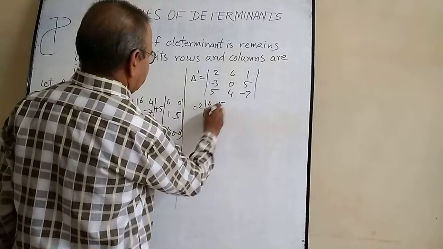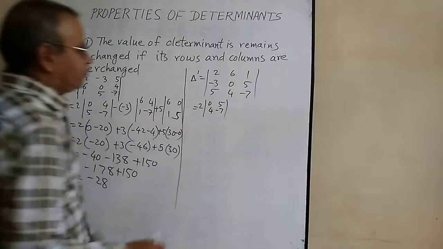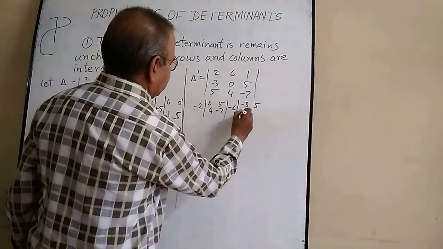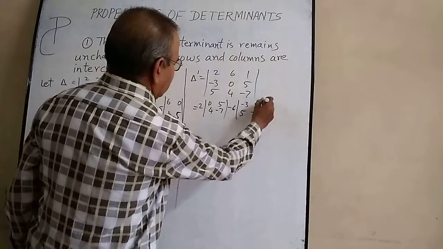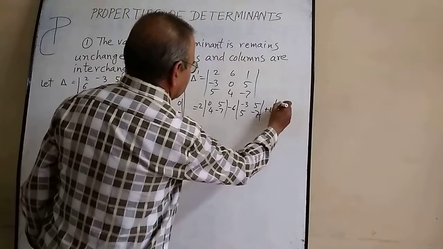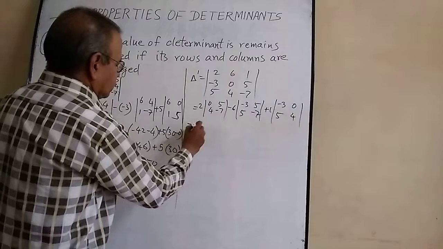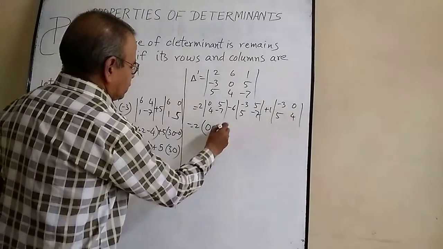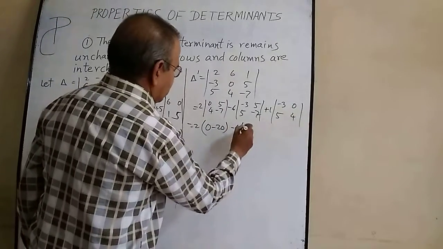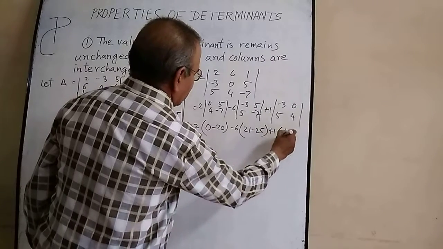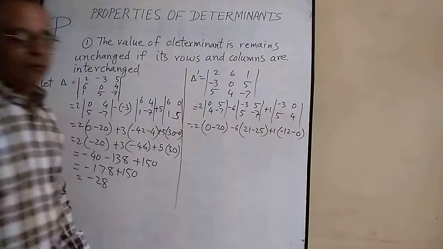0, 5, 4, minus 7, then minus 6, that is minus 3, 5, 5, minus 7, plus 1, minus 3, 0, and 5, 4. So 2 into 0 minus 20, minus 6 into 21 minus 25, plus 1 into minus 12 and 0.